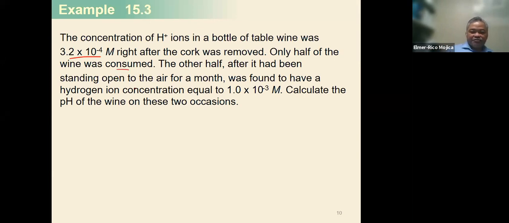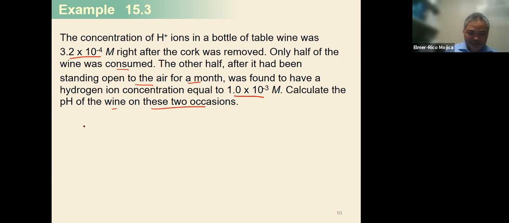The other half, after standing in the air for a month, was found to have a hydrogen ion concentration of 1.0 times 10 to the negative 3. So calculate the pH of the wine on these two occasions. What happened to the wine? Does it become more acidic or more basic when you left it standing for a month?